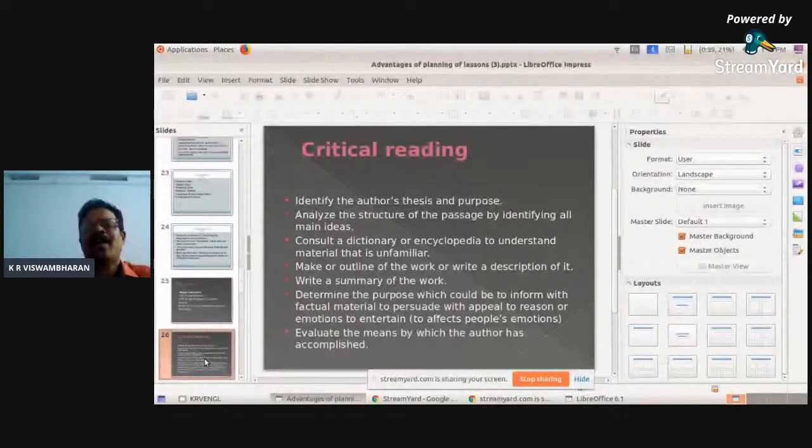And the reader can develop his perspective by reading this material. He can understand the perspective of the author, and he compares it with the perspective of the author, and he tries to interpret the thought contained in the text in his own perspective. Then only a reader becomes independent.